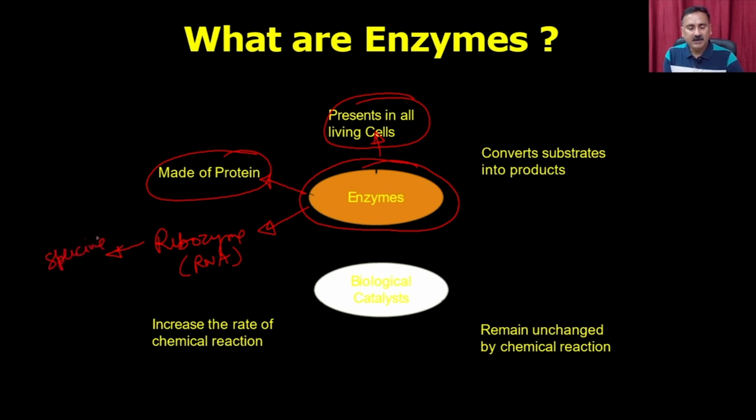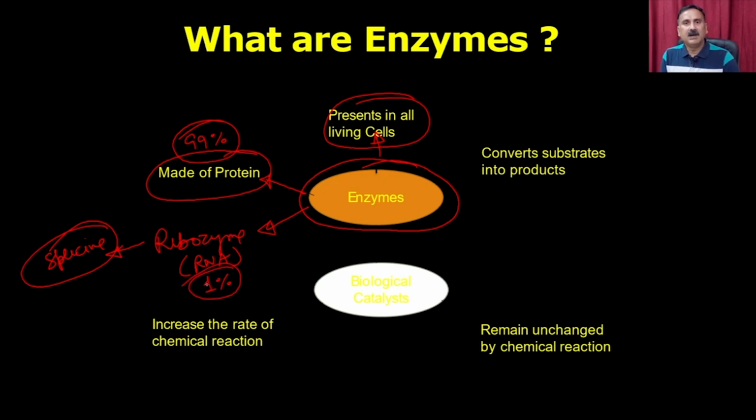So if we ignore the ribozymes, it is true that most enzymes are made up of proteins. If I say it, 99% of enzymes are made up of proteins, and only 1% or less are made up of RNA, the ribozymes. And these ribozymes are only doing one activity, that is, they are involved in splicing.